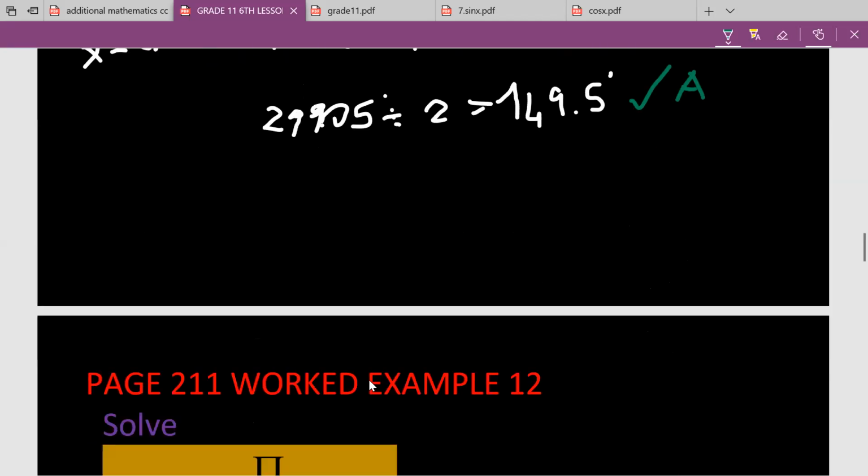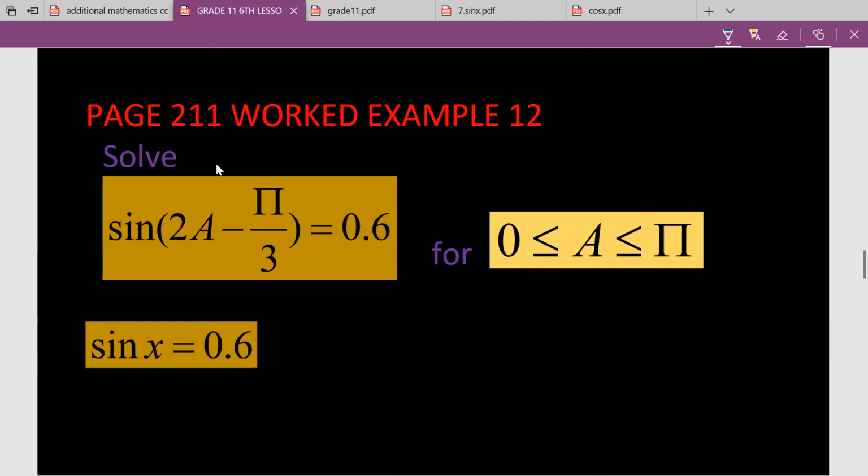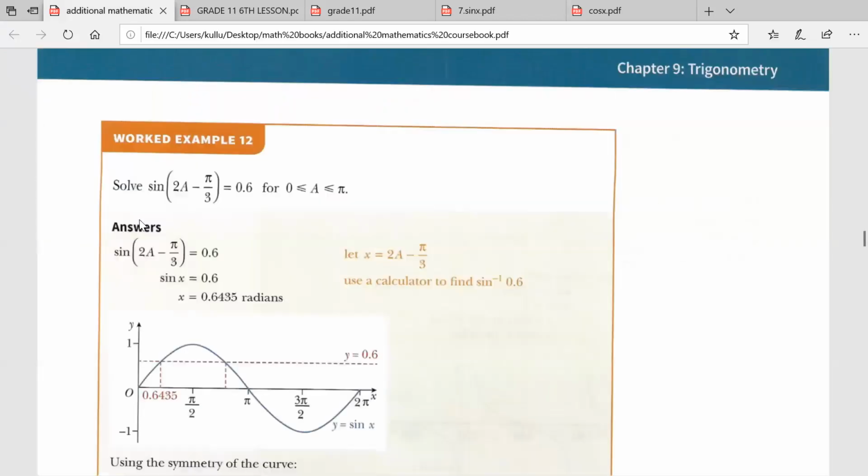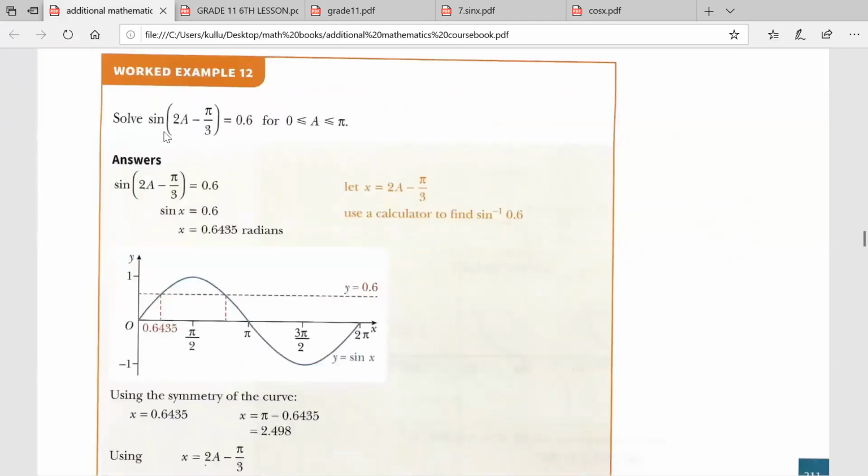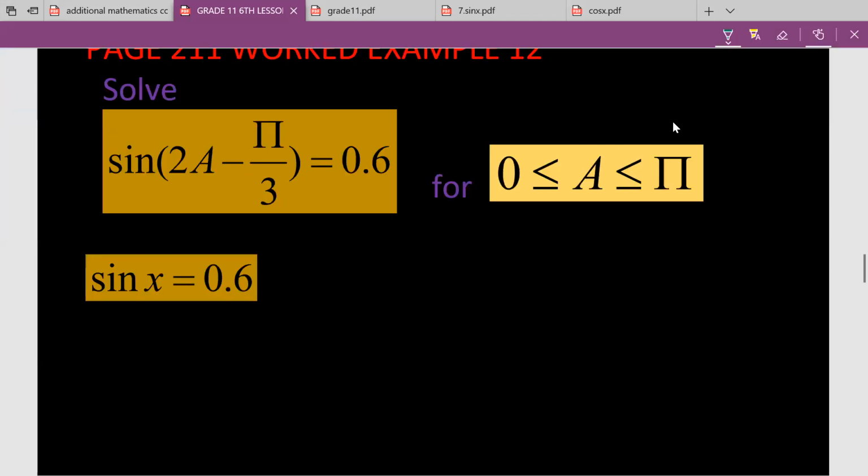Now let's do the next example, page 211, a worked example from your book. Sine of 2a minus pi over 3 equals 0.6, with a between 0 and pi. In the question, the range of values is defined in radians, so we will use radians.